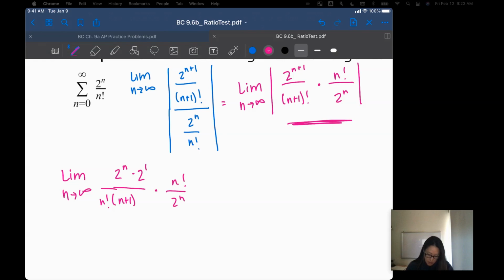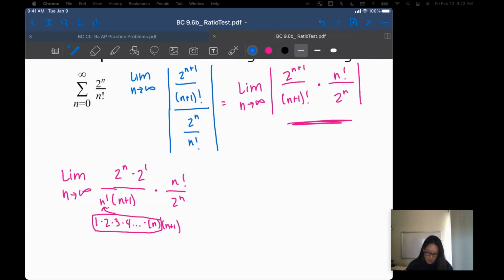So again, this is like 1 times 2 times 3 times 4 times n plus 1. So this n factorial is going right here, and then we have an extra term of n plus 1, okay?